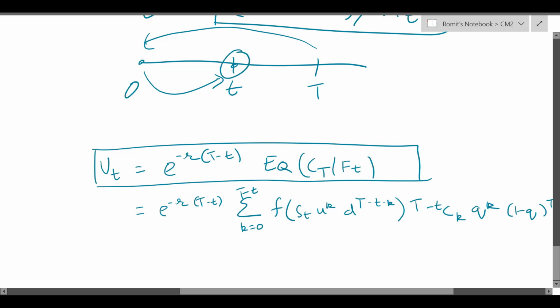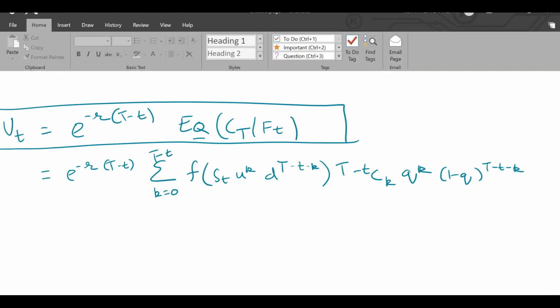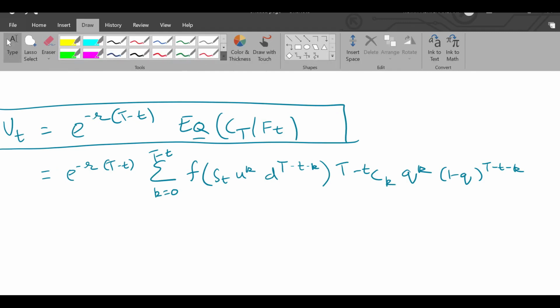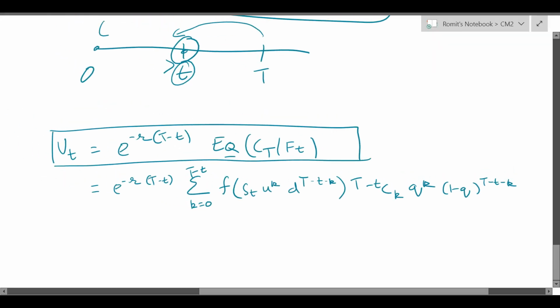So you take the payoff at time capital T and its expectation under the risk neutral probability given the information up till time small t, and then you discount that from time capital T to time small t. That's the simple logic. Let's try to understand how it would work in terms of the binomial tree cash flows.